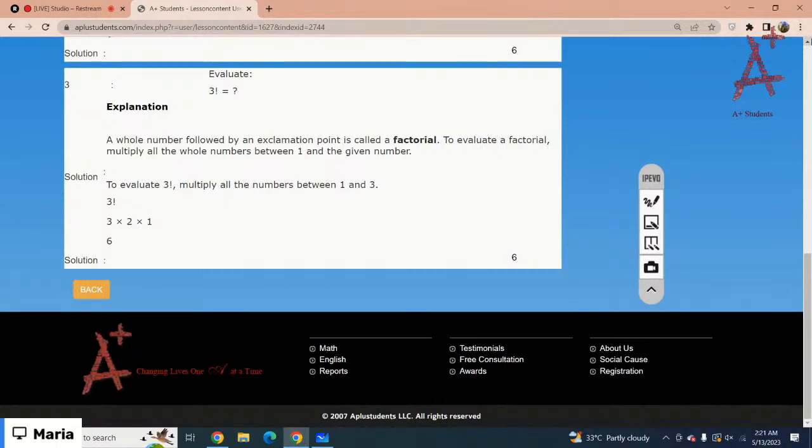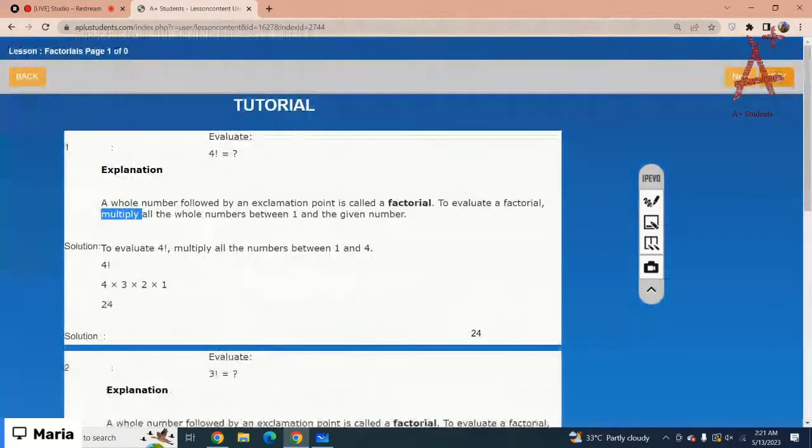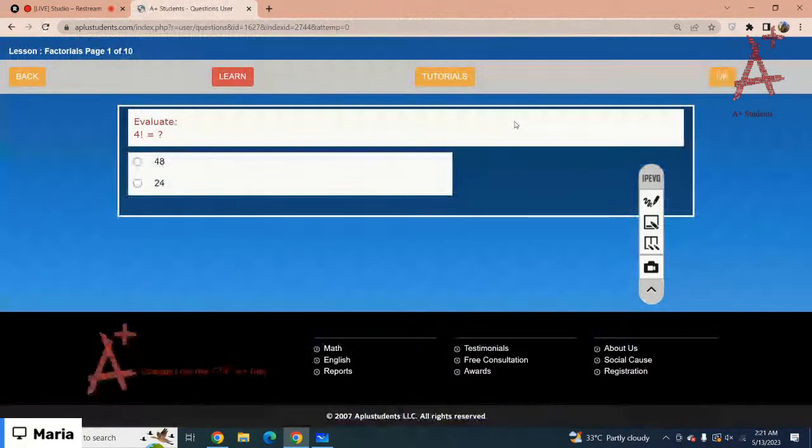Let's just start with the test questions. Okay, 4 factorial. You have to multiply 1 and all the whole numbers between 1 and the given number.